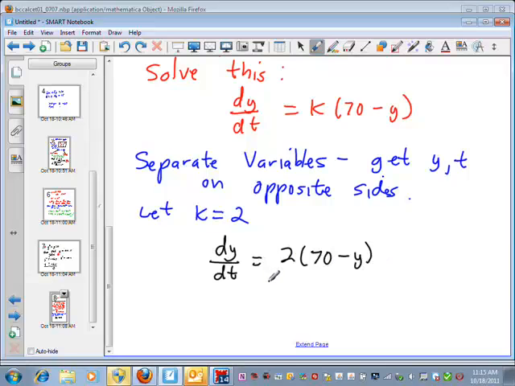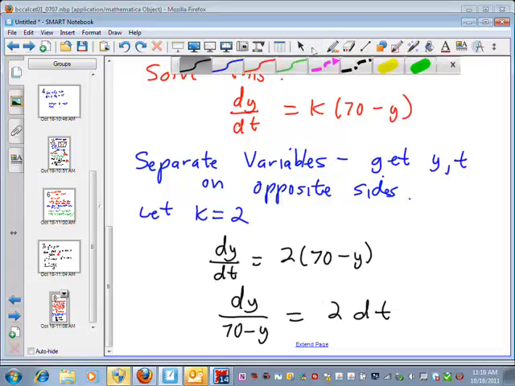Is that okay? All right, now what do I mean by separate? Well, I'm going to remark that dy over (70 minus y) is equal to 2 times dt. That's what I mean by separate. I'm going to cross multiply. So I'm going to bring all the y's over here, and I'm going to bring this dt over here. So that's using the notation.